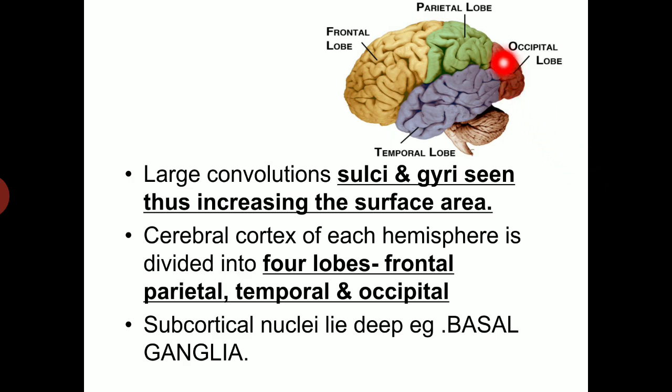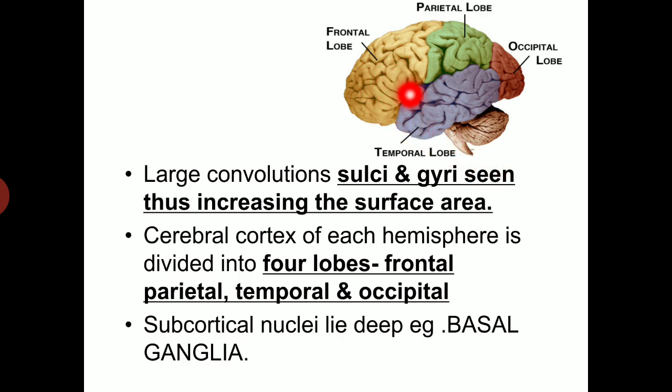So this is the structure of the cerebral cortex. Now you can see here there are large convolutions. They are known as sulci and gyri, which are mainly responsible for increasing the surface area of the brain.